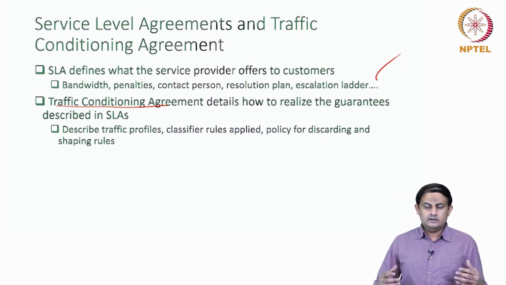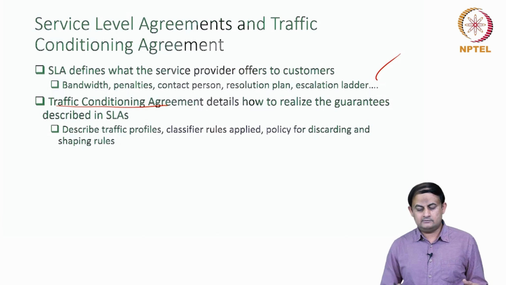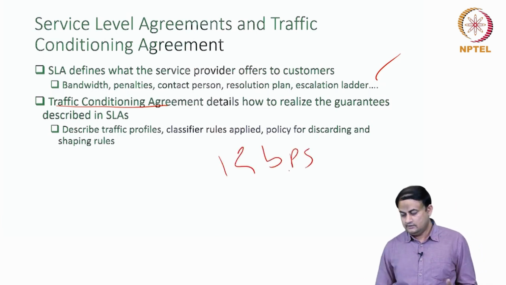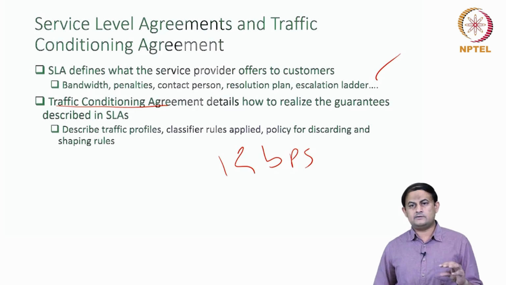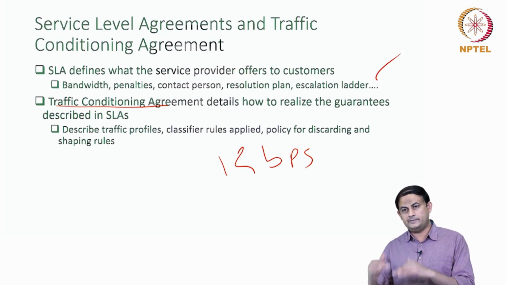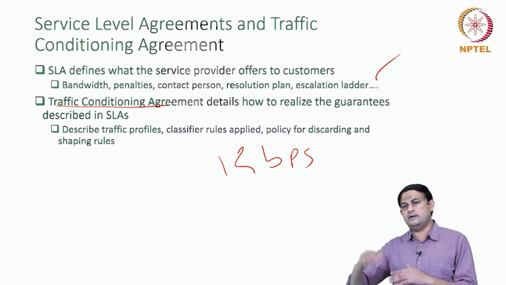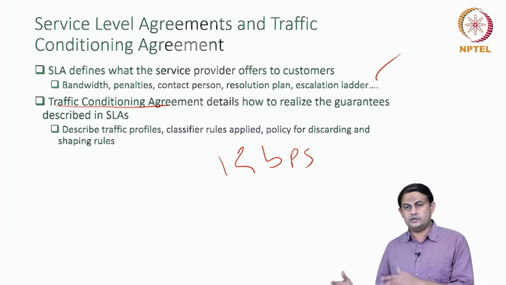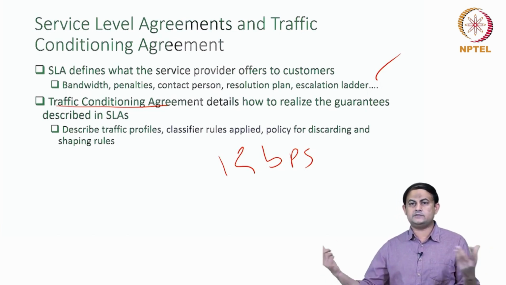For example, if you transmit less than 1 Gbps of data, then only these service level agreements are going to be met. As long as the traffic rate or the peak rate is less than 1 Gbps, I am going to give you a bandwidth of so and so, an end-to-end delay of this much, and so forth.